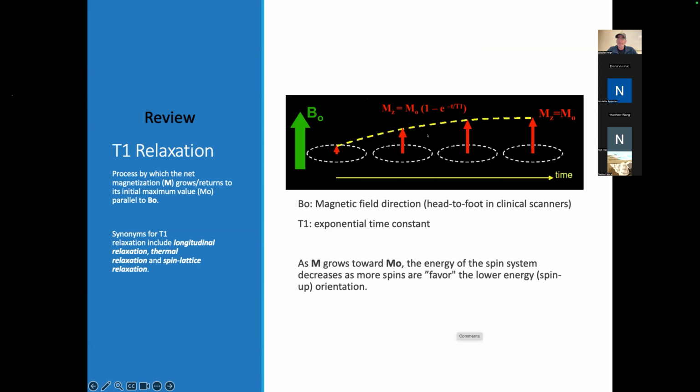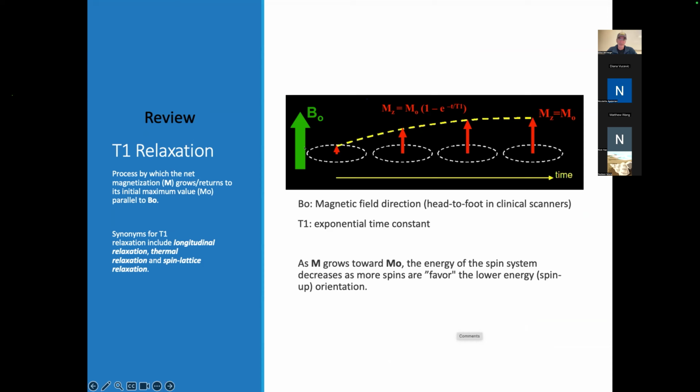All right. So going back to our use of T1 and T2 imaging, just a quick review of what T1 is. It's the recovery.